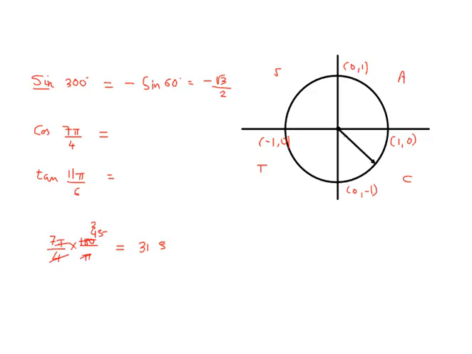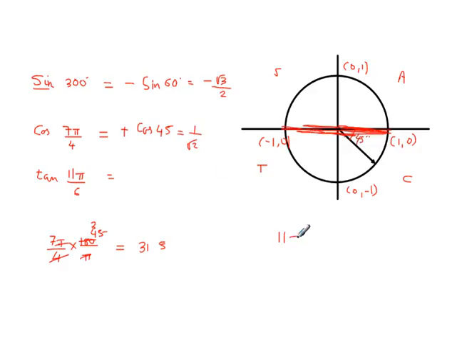So 315, and this becomes 45. You always have to take the acute angle with the x-axis. So this will be same as cos 45. Cos is positive, so positive cos 45, so that's 1 by root 2.